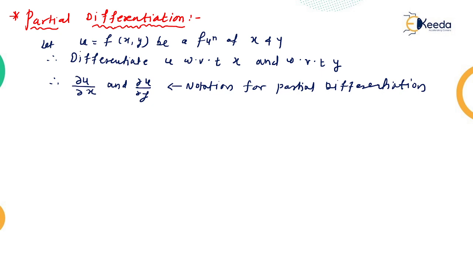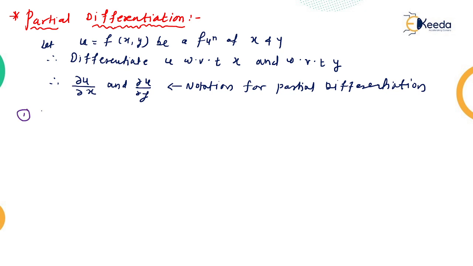So u is a function of two or more variables, denoted by u equals f of x, y, and the partial derivatives are ∂u/∂x and ∂u/∂y. Partial differentiation is essentially ordinary differentiation. So here we take ∂u/∂x.